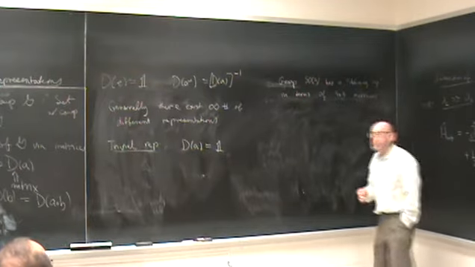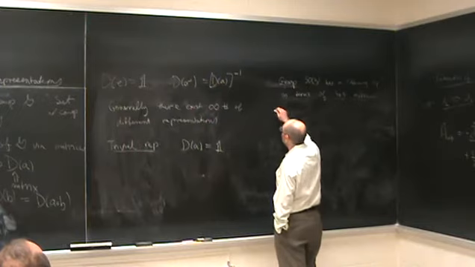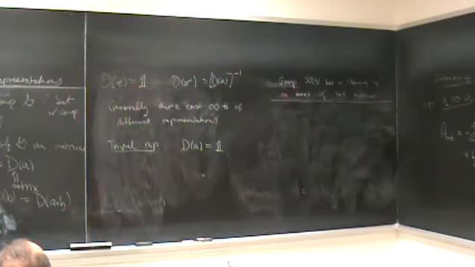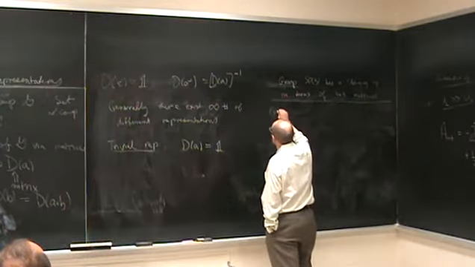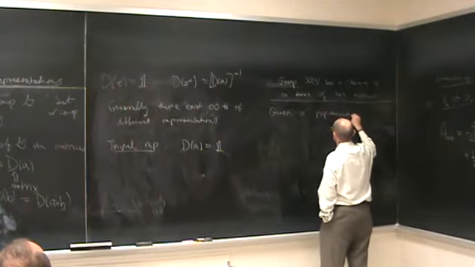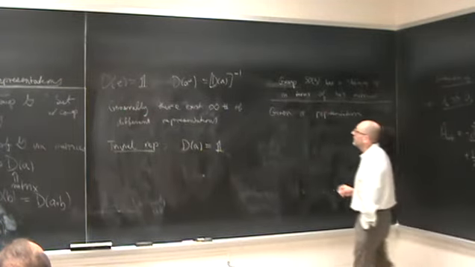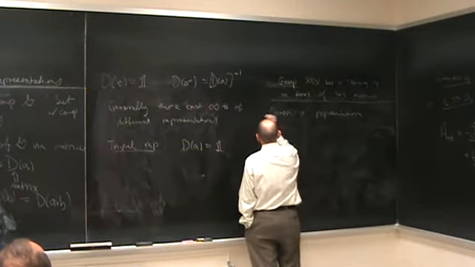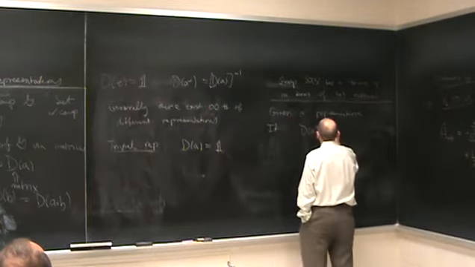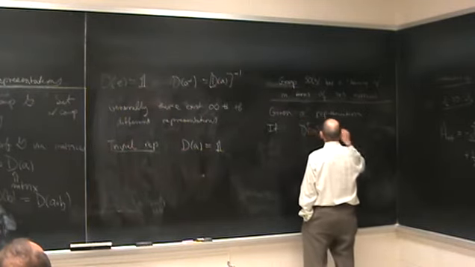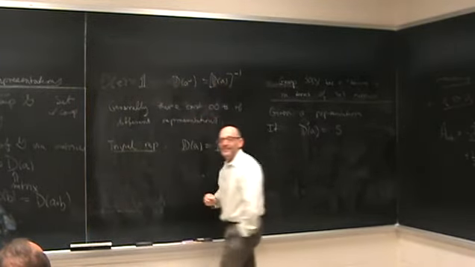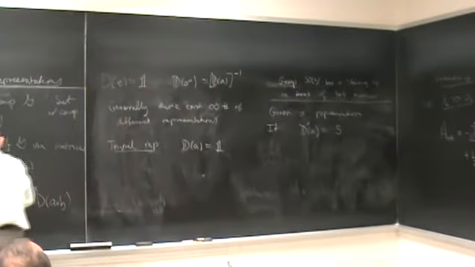Okay. Now, another important concept is the notion of reducible versus irreducible representations. A very important concept. So, given a representation of the matrices, if I write a new representation in terms of some, maybe I should make these blackboard bold, just to emphasize these are matrices.